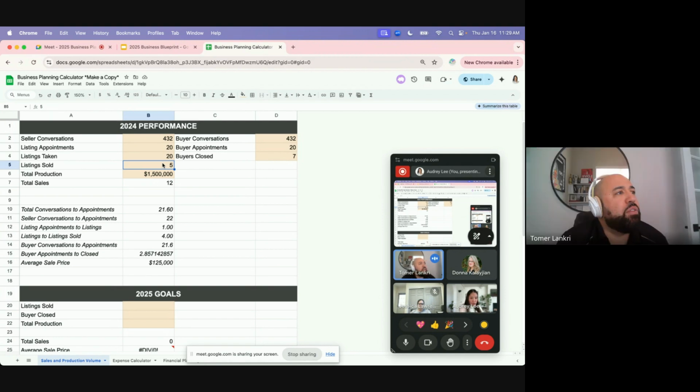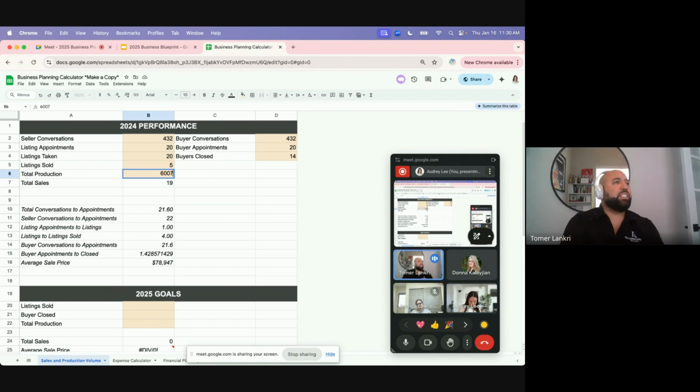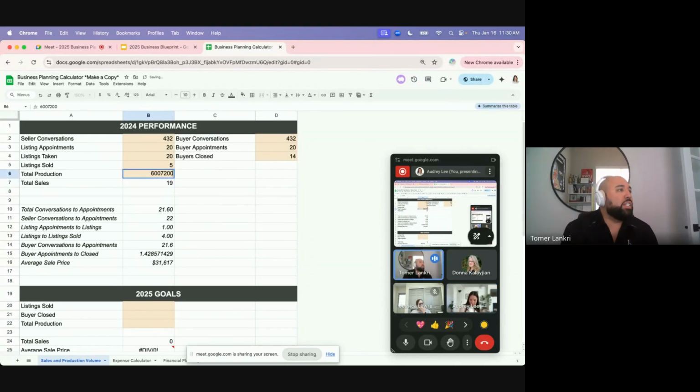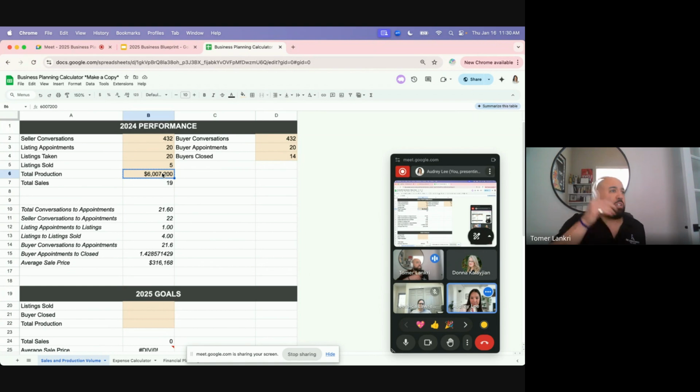So 14 transactions with a sold volume of 6,007,200. That's the sold volume. Yeah, that's the coop listed sold. That's representation of buyers. Okay, cool. That's on my side.